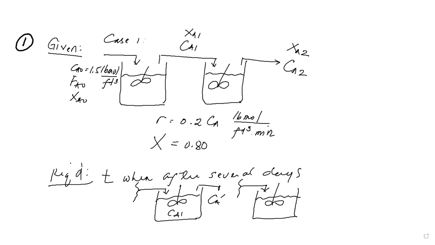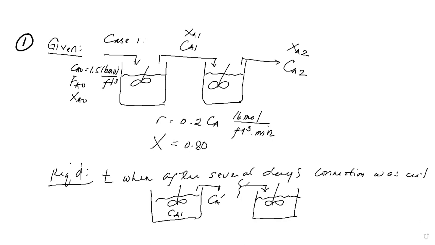And by the way, in the first one, there was no cut because it's not connected to anything. So in your first reactor, you only have this. Nothing is entering anymore because this was already cut. T, when after several days, connection was cut.